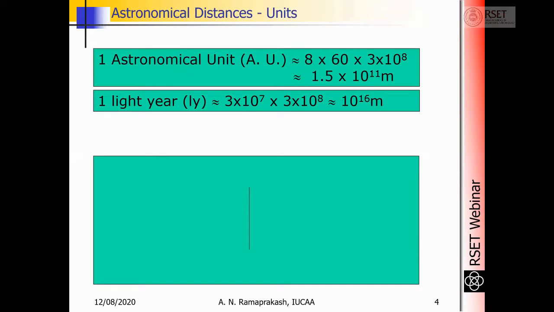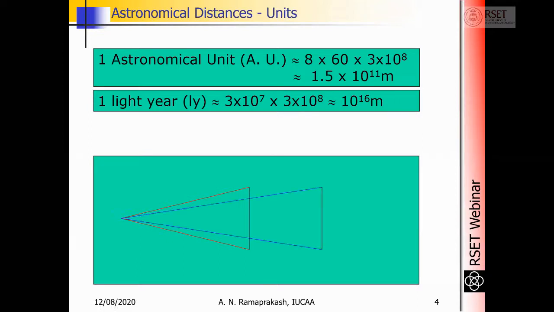Now, even this light year distance may not be large enough for astronomers, so we define a larger distance unit. To define that unit, what you do is the following. You take a stick like this, and you draw 2 lines from the edges of the stick, in a way that they converge to a point.